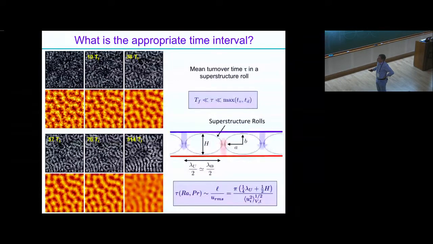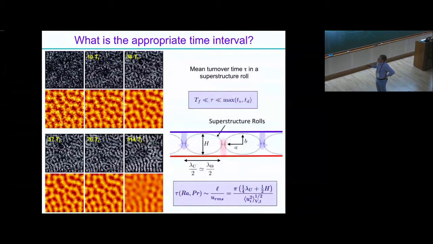If you're doing this too long, you start to wash out the information of the large scale structure. That is clear: if you are doing this averaging on time scales which are larger than the horizontal diffusion time, you are basically washing away this whole pattern.